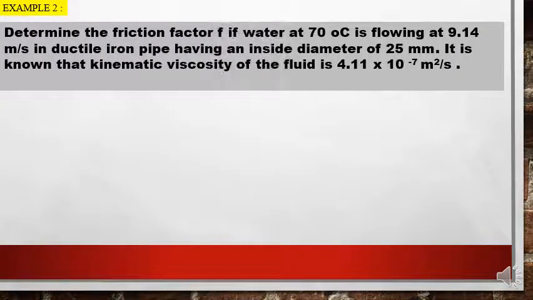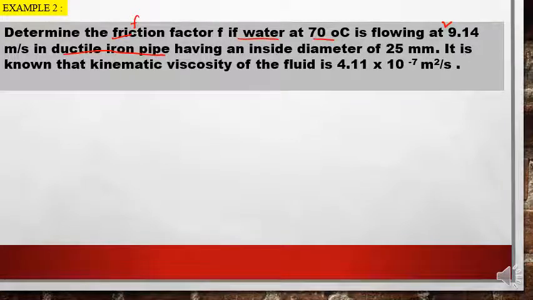Okay, let's try this second example in order to calculate the friction factor, the F, in a case of water which is flowing at 70 degrees C. And this is the velocity, which is 9.14 meter per second in ductile iron pipe. So this is the category of the pipe.